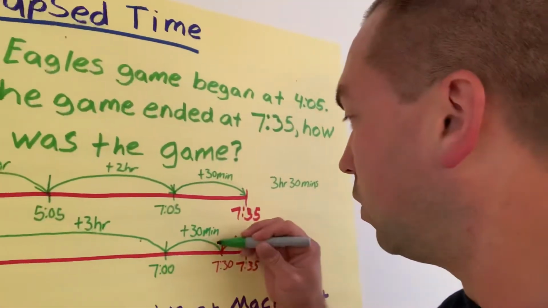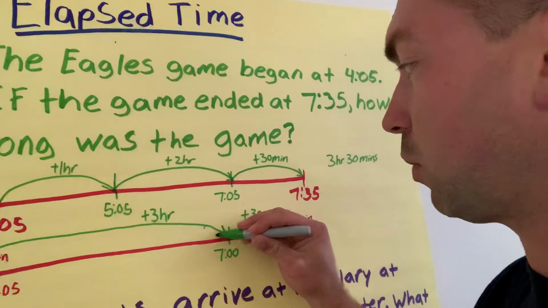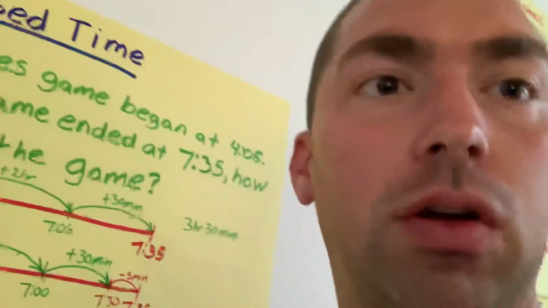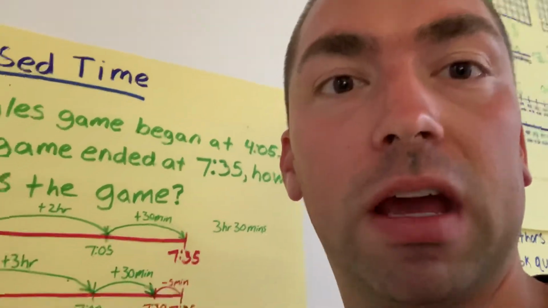So that's a little more efficient way of doing this, and efficiency is what we always want to go for. But whatever works for you is what you want to do. Just make sure you're adding up the time correctly.